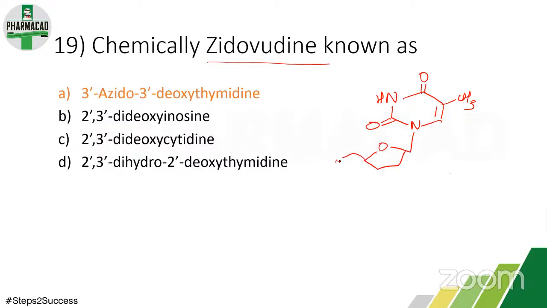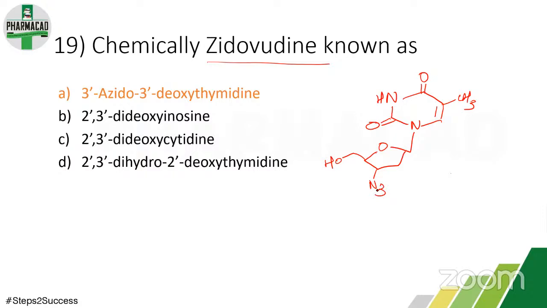It has CH2OH and it has an azide, that is N3, N double bond N like that.